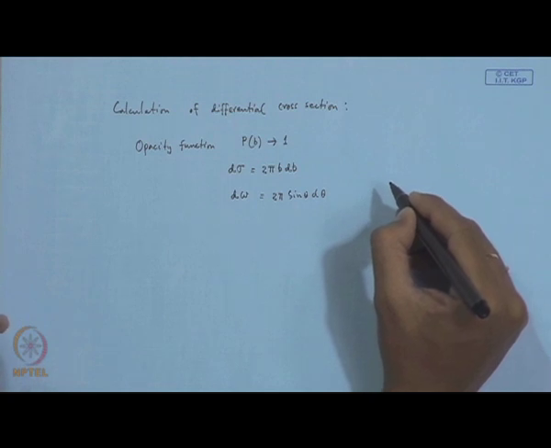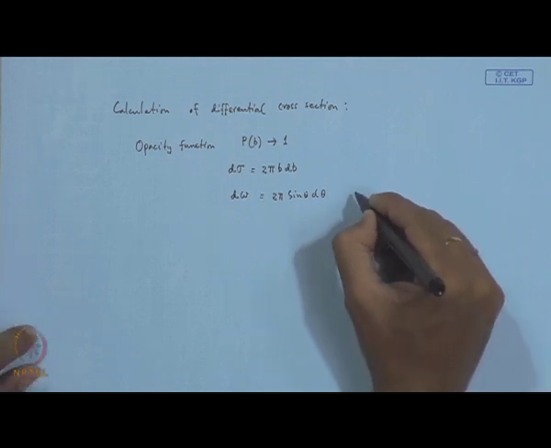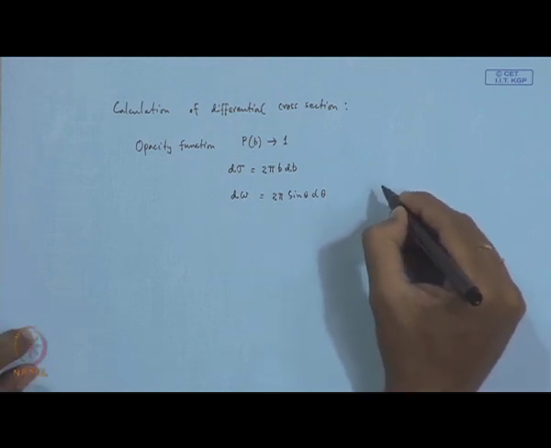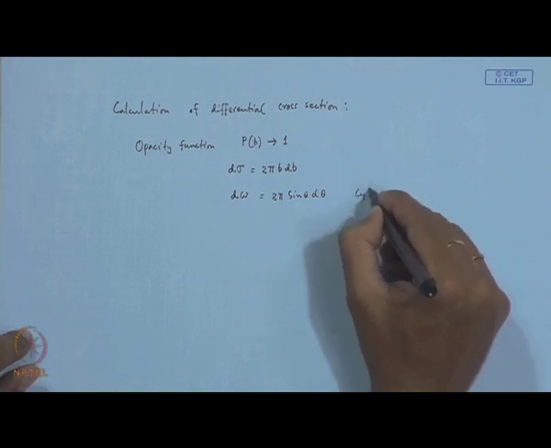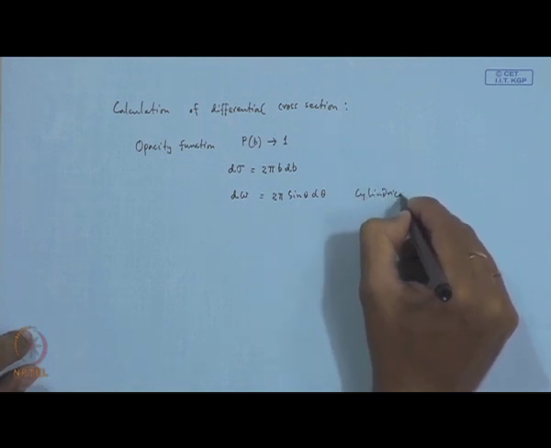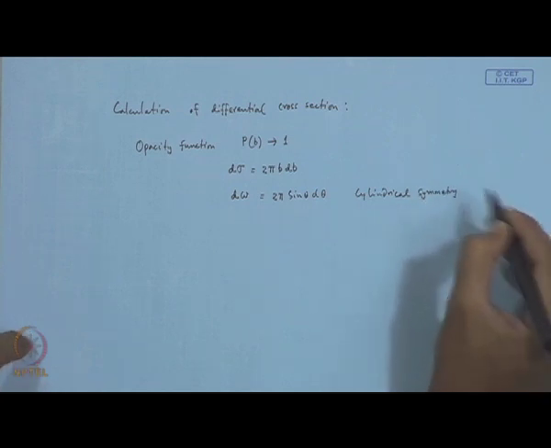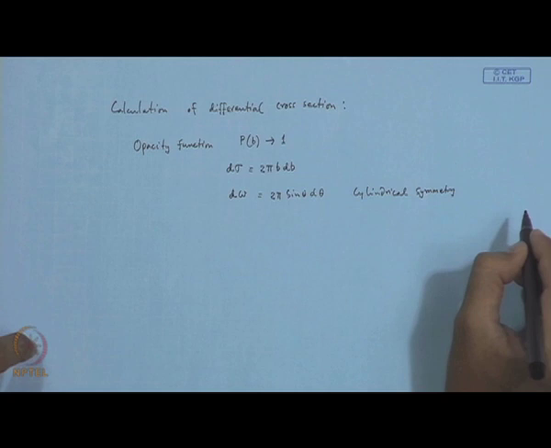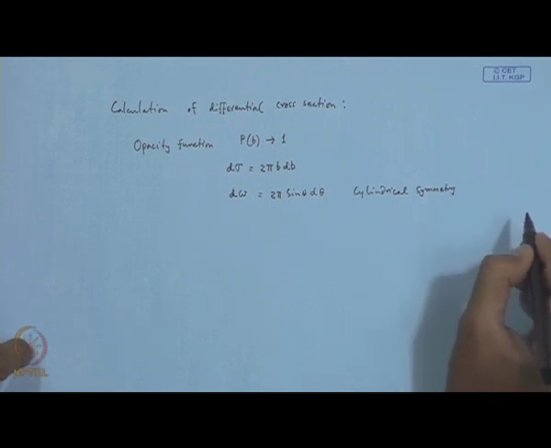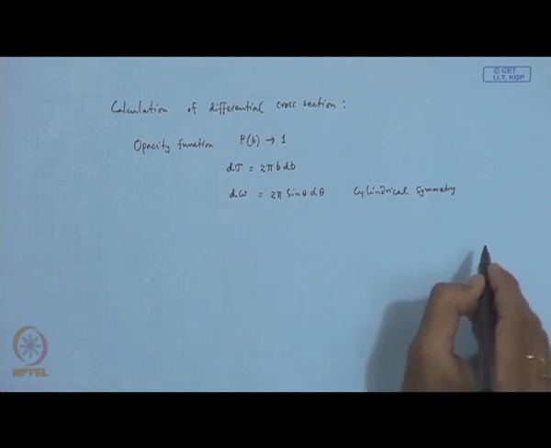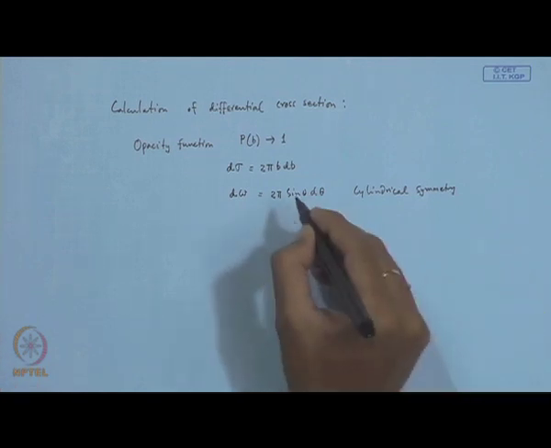So assuming scattering to be of cylindrical symmetry, the solid angle element d omega will be written as this.